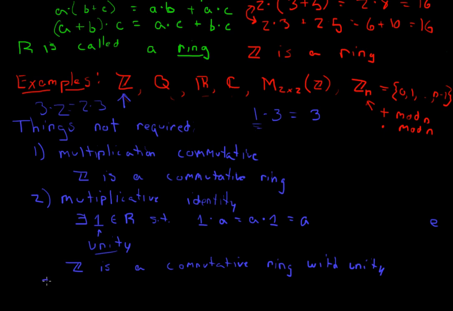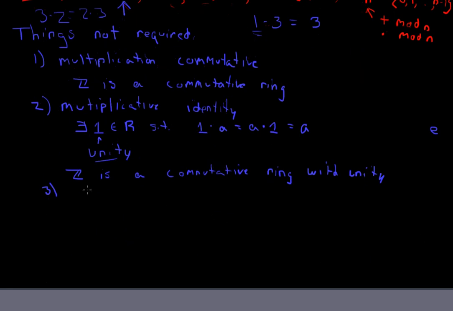Okay, and last one. Let me scroll down a bit. This is getting kind of low. Since we don't need a multiplicative identity, we certainly don't need multiplicative inverses. I'll just write mult inverses. That's kind of sloppy, sorry. Inverses.